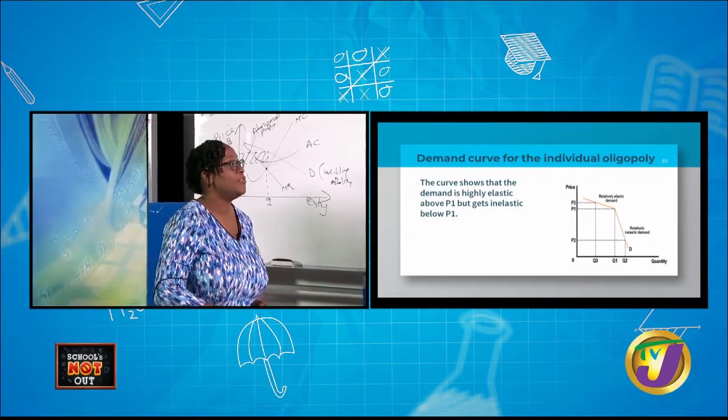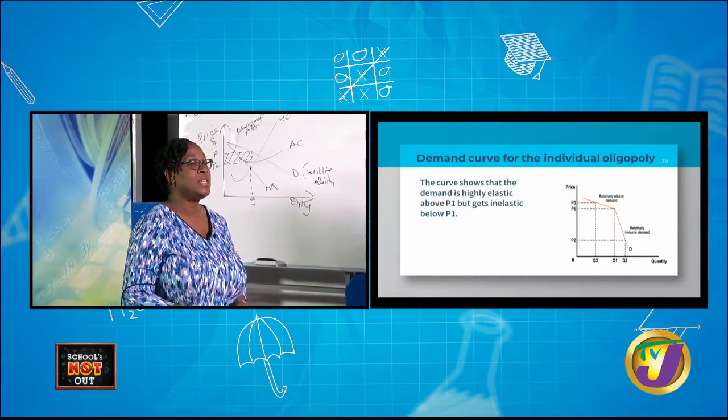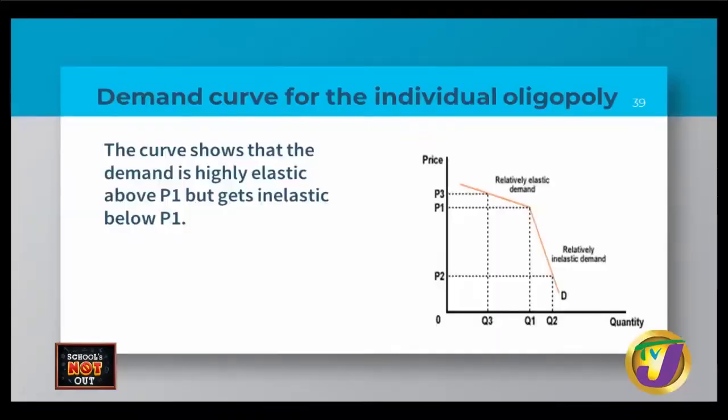So here we have now the demand curve for the individual oligopoly. The curve shows that the demand curve is highly elastic above P1 but gets inelastic below P1.